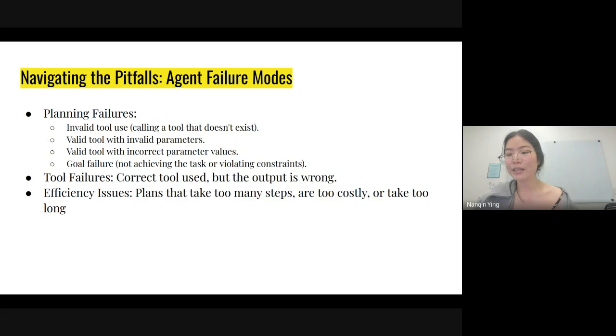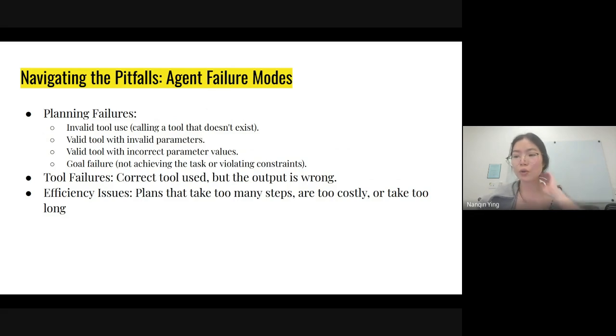Planning failures are mainly about trying to use a tool the agent doesn't have access to, planning the wrong kind of inputs to a tool, or using the right tool but it doesn't actually solve the problem or meet the given requirement.